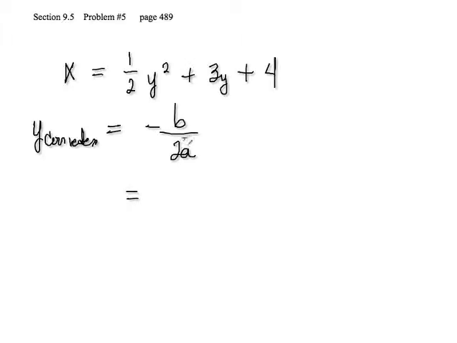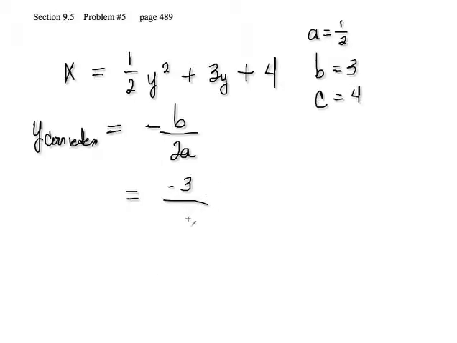Remember, this is just a quadratic where a is 1/2, the coefficient of the quadratic term, b is 3, the coefficient of the linear term, and c is 4, the constant.